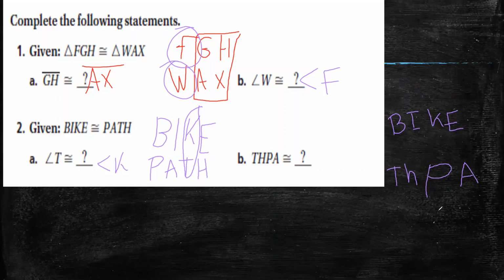Since TH is under KE, I will pick KE here and BI here. So I will say now that THPA corresponds to KEBI.